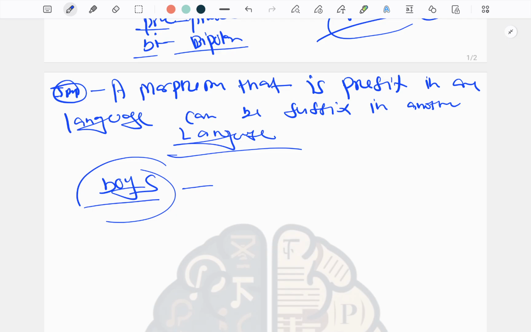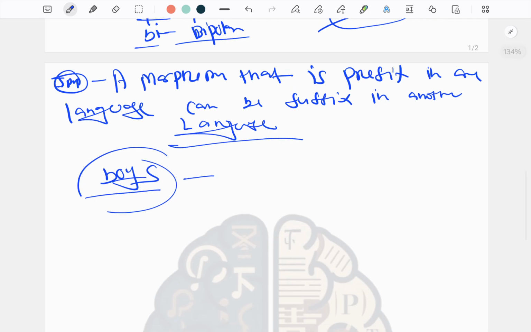There are different rules that apply in different languages.